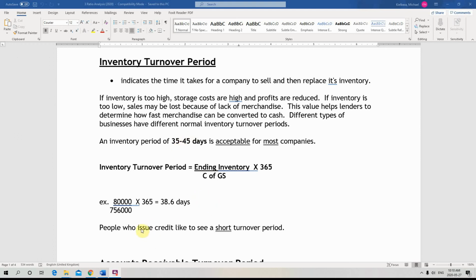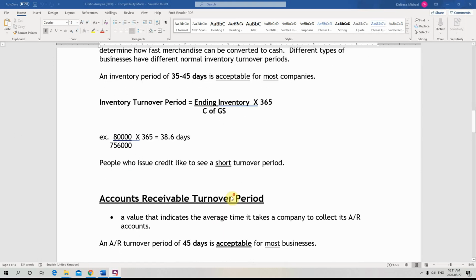People who issue credit like to see a short turnover period. So that means we're selling our inventory quickly. Now, there's also something called an accounts receivable turnover period, and basically what that indicates is how long it takes us to collect our accounts receivable on average.